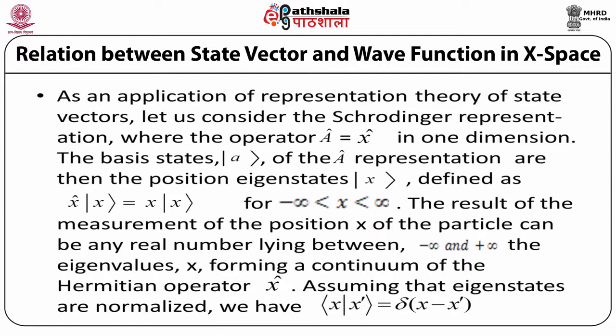Now, if the basis states are represented by the ket vector |a> of the operator A representation, then the position eigenstates are represented by the ket vector |x>, where the position operator X can be defined as the position operator X acting on the ket vector |x> is equal to the eigenvalue x times the ket vector |x>, for all x lying from minus infinity to plus infinity.